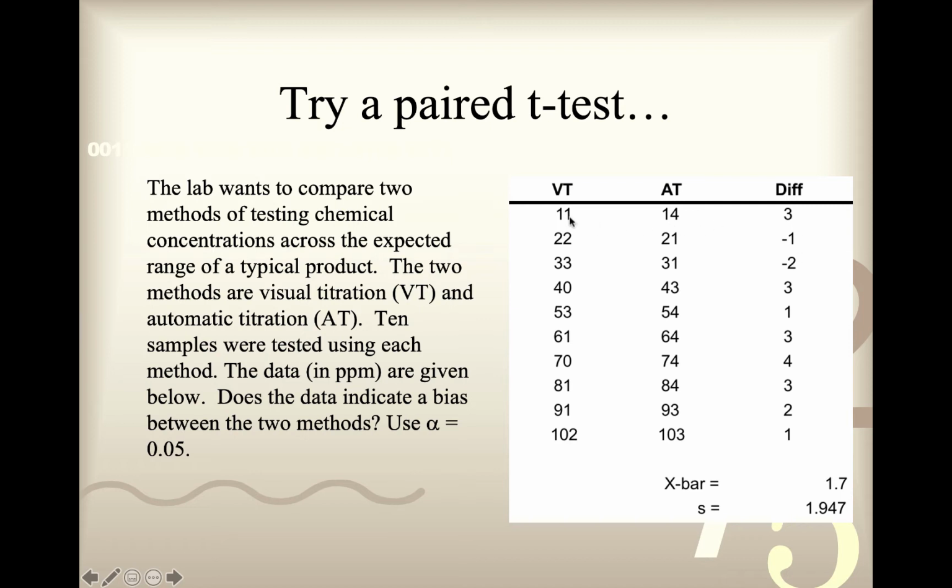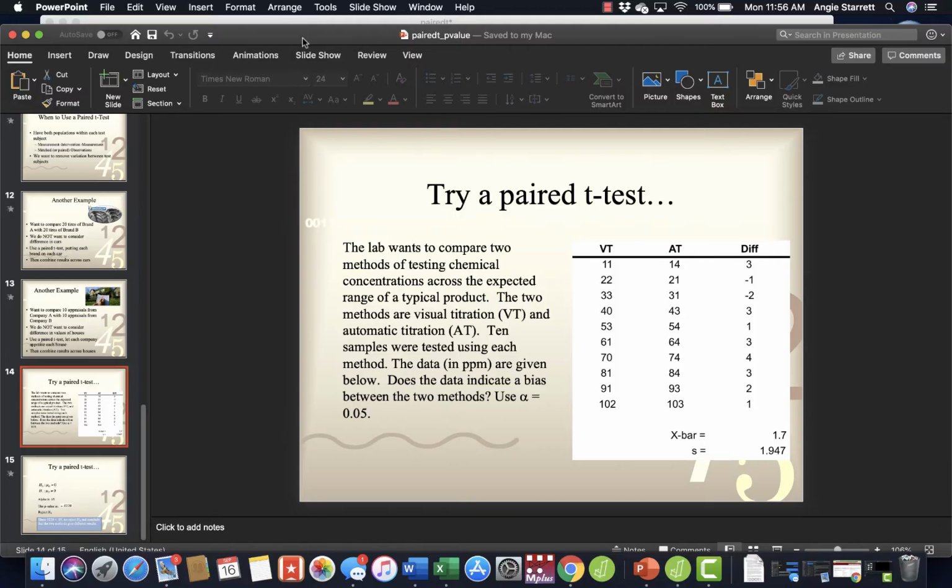So notice when we calculate the differences of each row, all of our differences are much more similar than the differences in the VTs or the differences in the ATs, all right? And that's what I mean by here we are isolating just the difference between the two methods and not the differences across the samples. All right, so let's go back to JASP and actually run this before we take a look at the results.